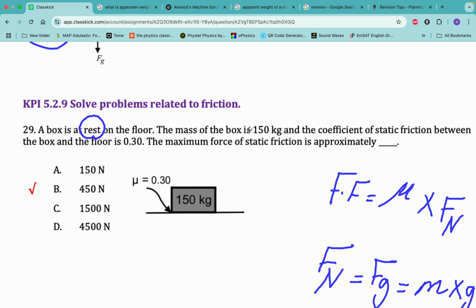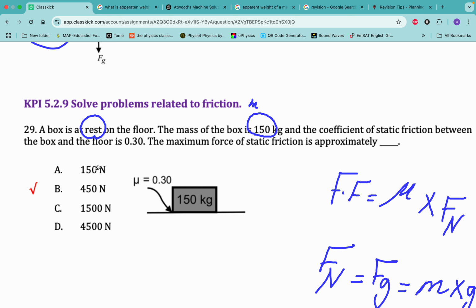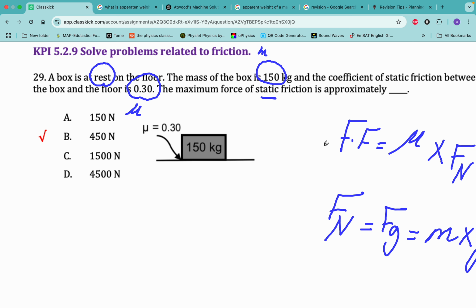The mass of the box is 150, so this is the mass. The coefficient is 0.30, so this is the coefficient. We need to find the maximum static force. So we're going to use the formula: friction force is mu times Fn.